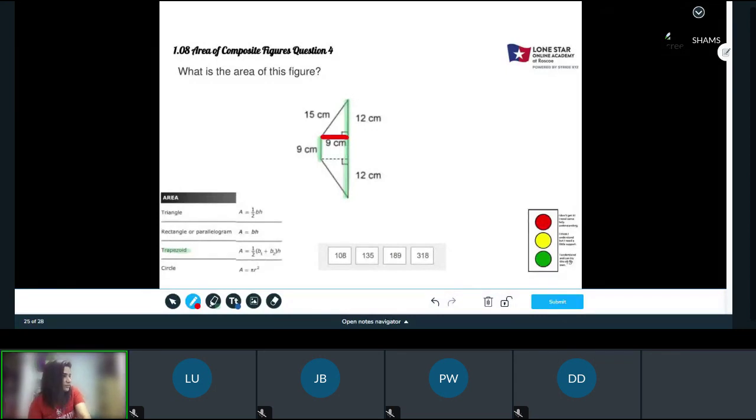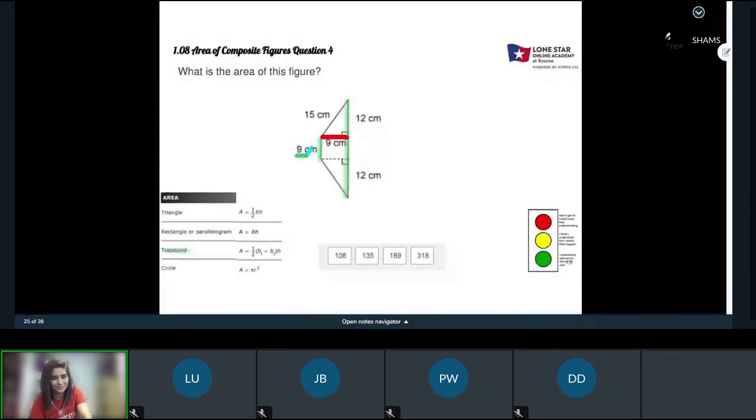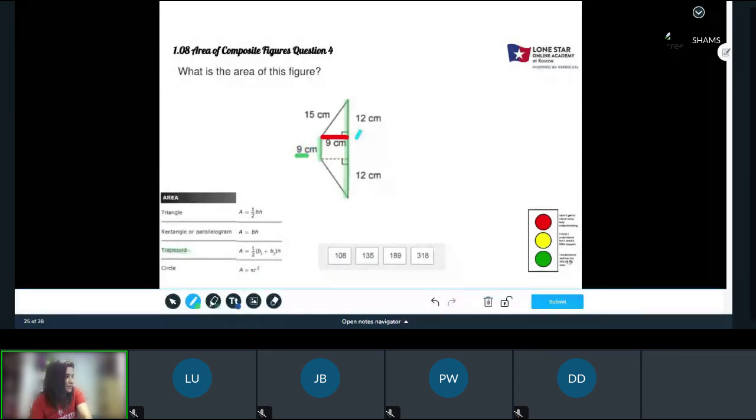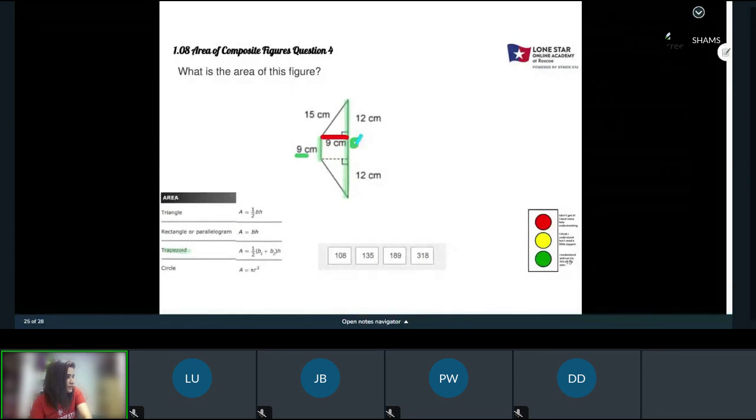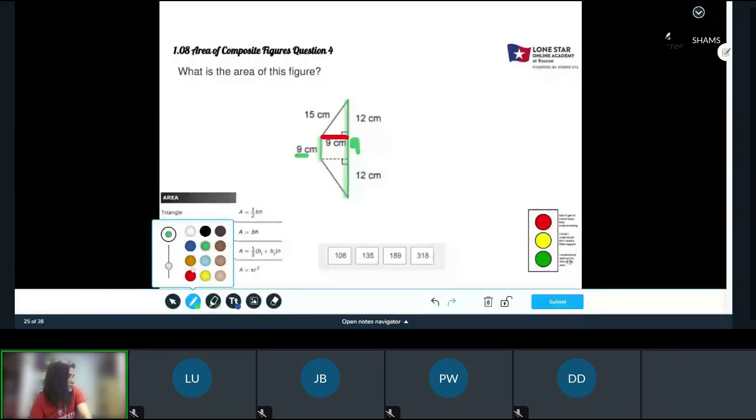Okay. So, if this side of the trapezoid is 9, I can say that this part is also 9. And that gives me the total length as 12 plus 12 plus 9. So 24, 33.